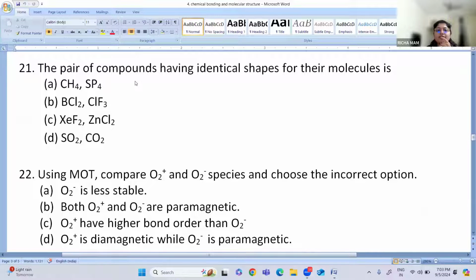Next question. The pair of compounds having identical shape for their molecules is... So the pair which is having identical shape is what?